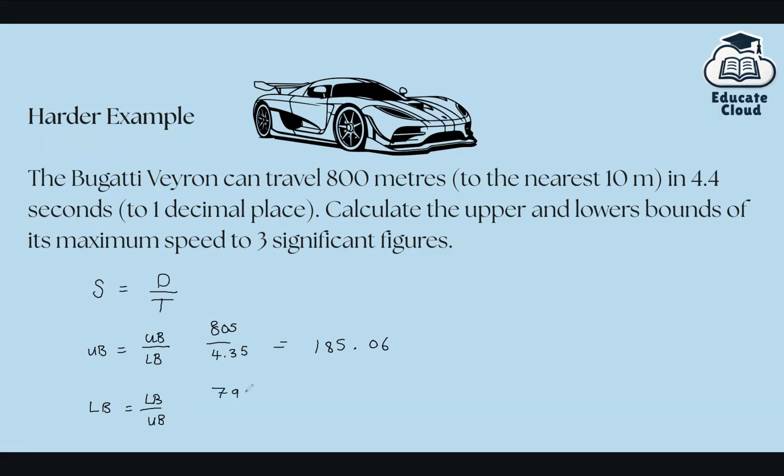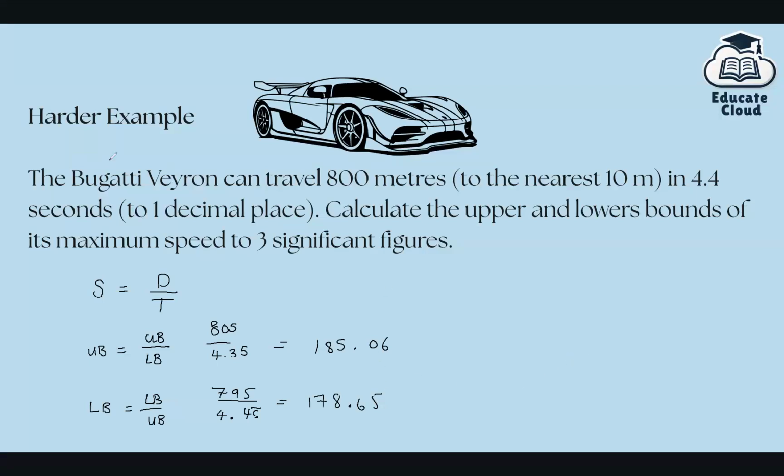So 795 divided by 4.45 gets me 178.65. Now that's my lower bound, and that's my upper bound.